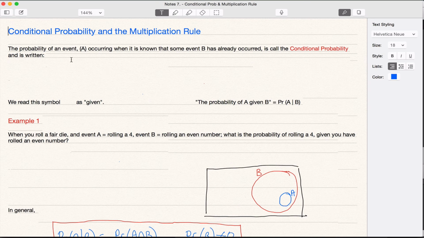The probability of an event, we'll call it A, occurring when it's known that B, another event, has already occurred is called the conditional probability.